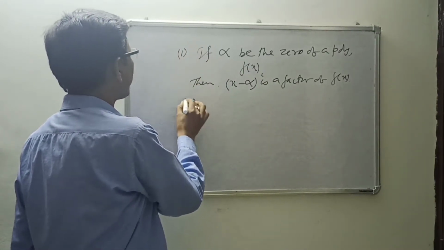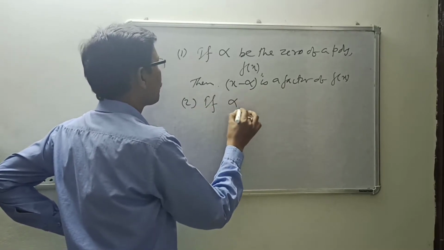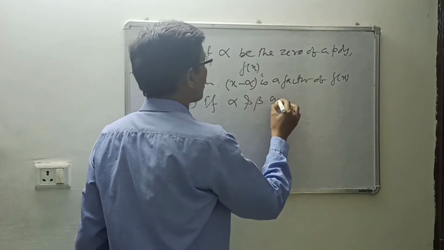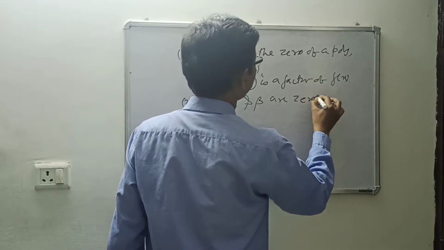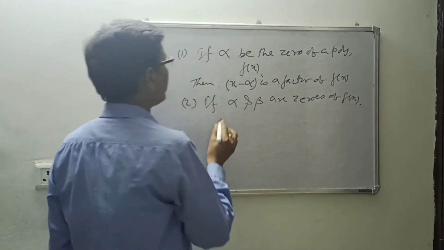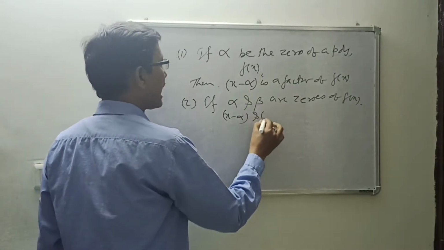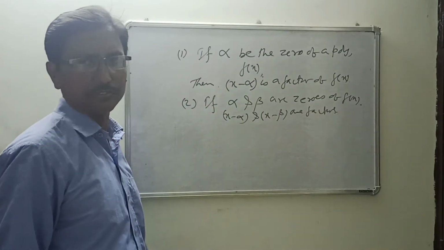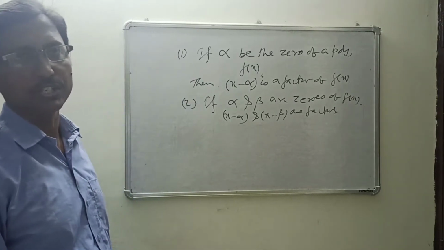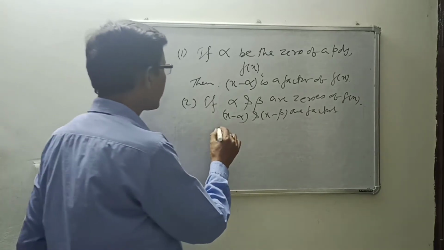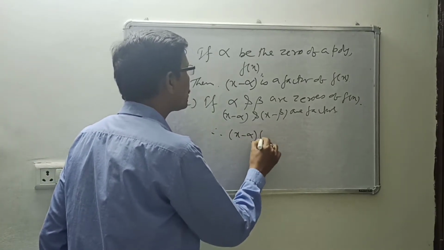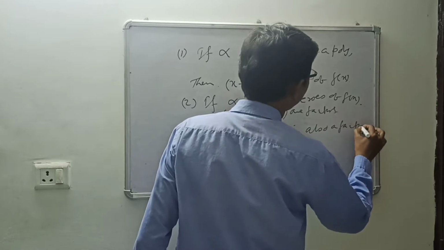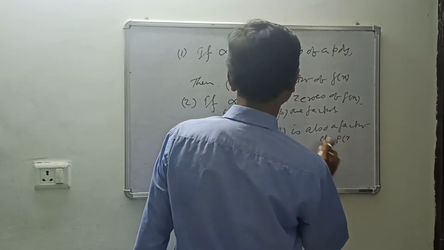Similarly, suppose it is given that alpha and beta, two distinct numbers, are the zeros of f(x), then x minus alpha and x minus beta are the factors, and their LCM, mainly x minus alpha into x minus beta, is also a factor of f(x).